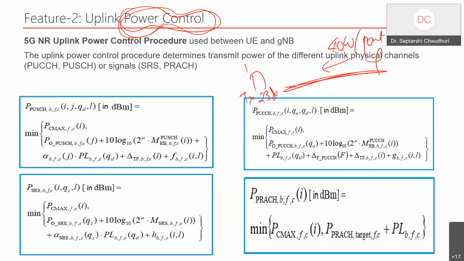Up to 23 dBm for a certain category of mobiles. Now, if I transmit at 23 dBm, and my path loss is high, and suppose you also have high multipath, this power is not sufficient to do the transmission, but this is the limit.